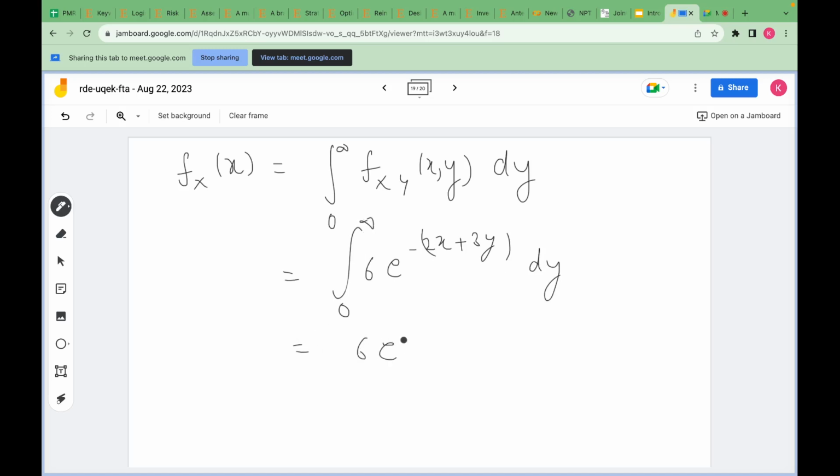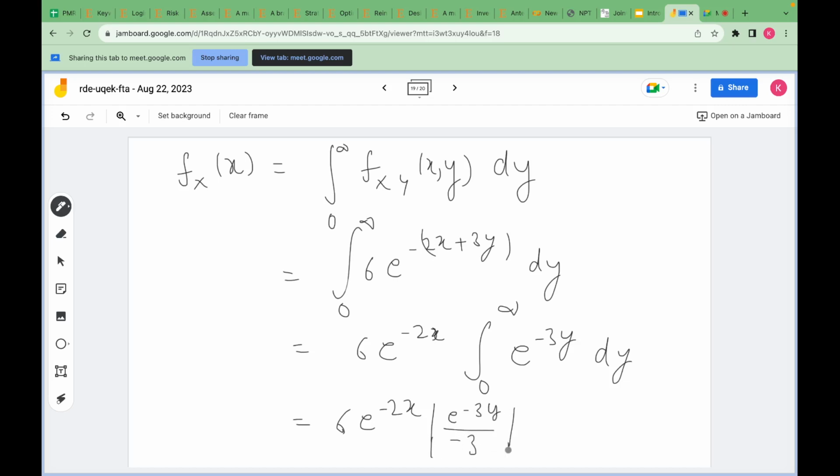We can bring these two quantities out, and we will remain with e to the power minus 3y dy from 0 to infinity, times 6 e to the power minus 2x, and this will be e to the power minus 3y by minus 3 varying from 0 to infinity.